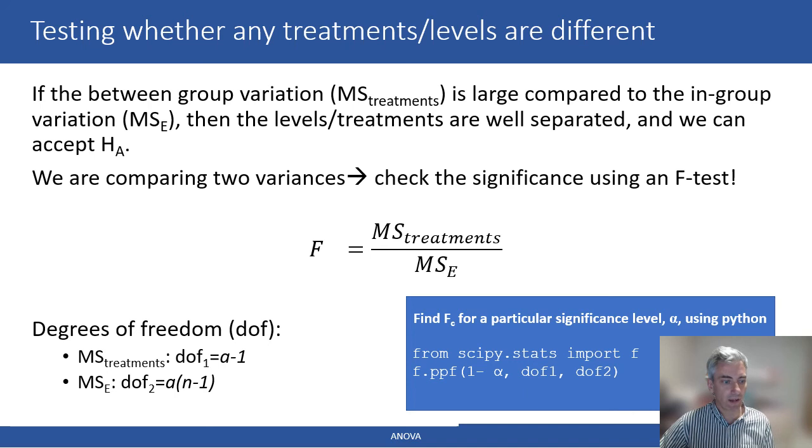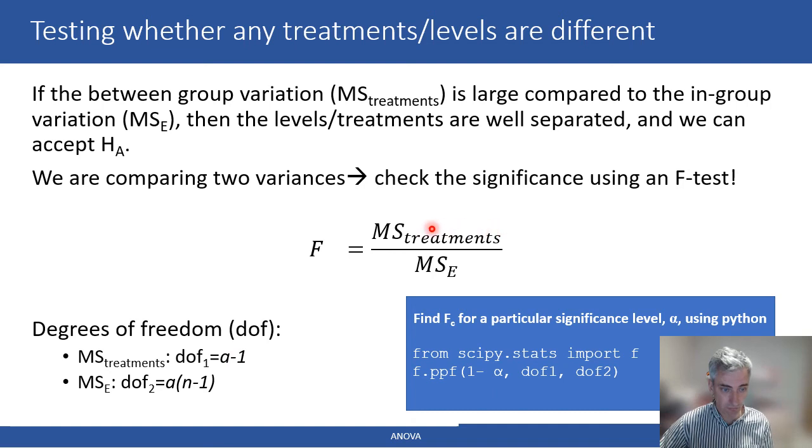So once we've calculated the between group variation, or the sum of square treatments, or the between group variance, I should say, and the in-group variance, or the mean sum of square errors, we can calculate the F statistic. On the numerator, we have the treatment, and the degrees of freedom that you will have here is the number of groups minus 1, right?